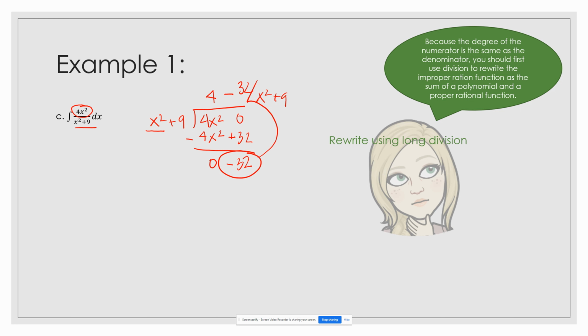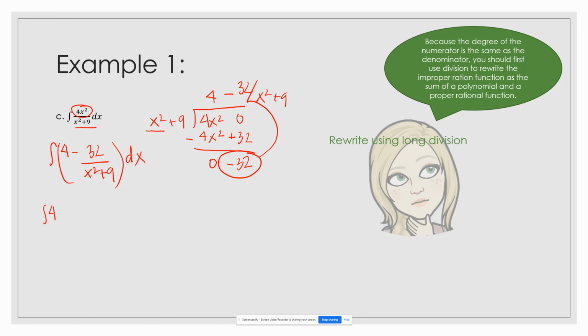Okay, so we can rewrite this integral as the integral of 4 minus 36 over x squared plus 9 dx. Then we can break this into two integrals because of that minus sign.